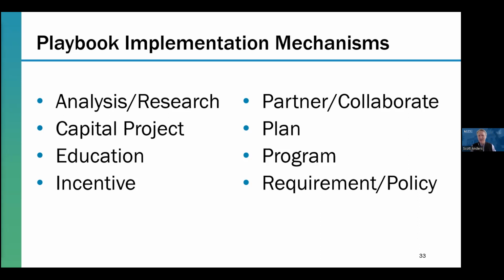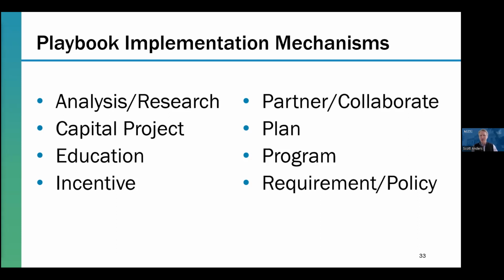And we have analysis and research, capital projects, basically building something or doing something, steel in the ground kind of approach. I guess the projects that Andrew was talking about would fit under capital projects in this case: education, incentives, partner, collaborate, plan, program, requirement, or policy.